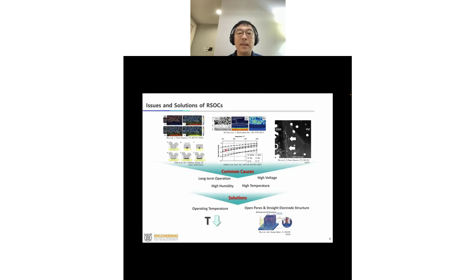All these things happen at high temperature. So what I'm trying to do in my research is to remove all these problems by simply changing the operating temperature of these solid oxide cells.